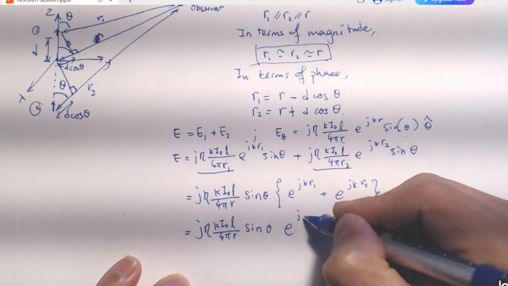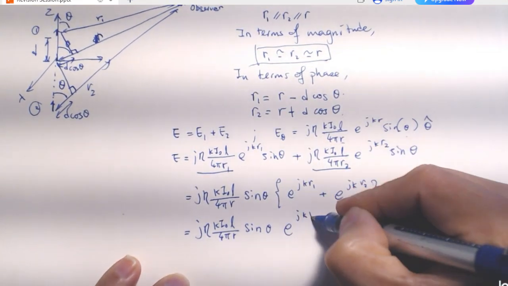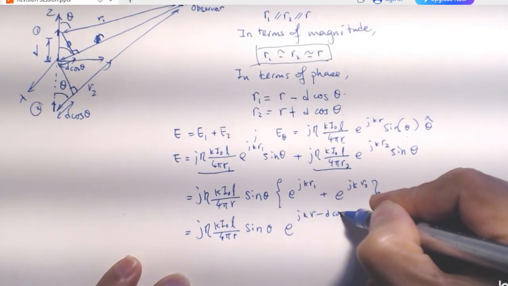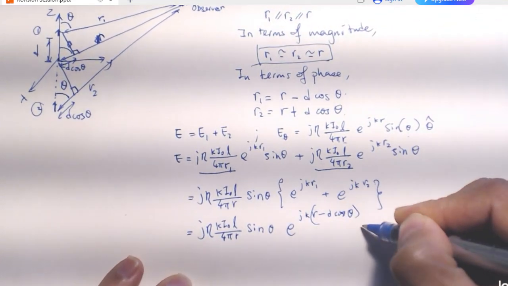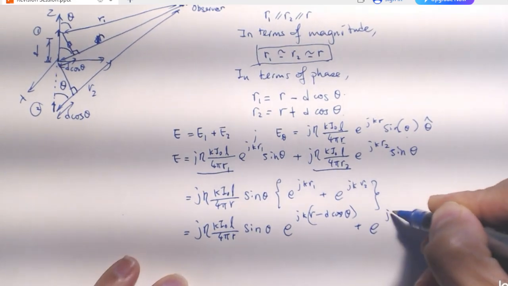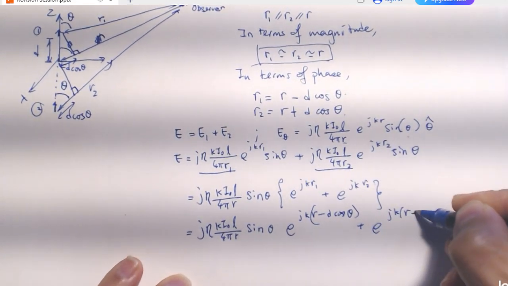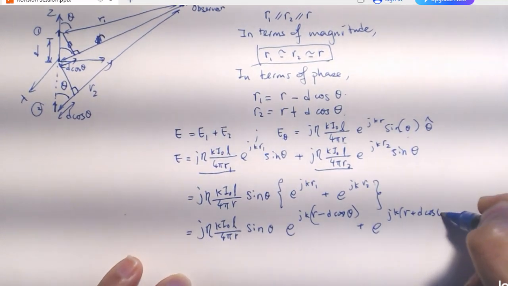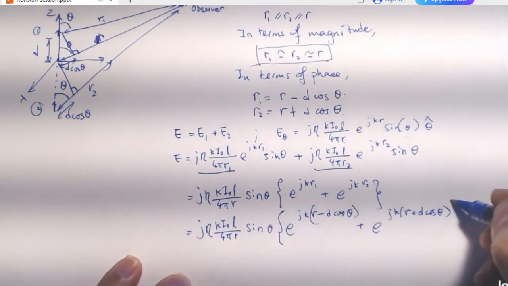So kR1 and kR2. This is what we are going to get.